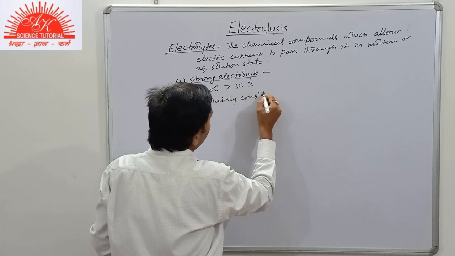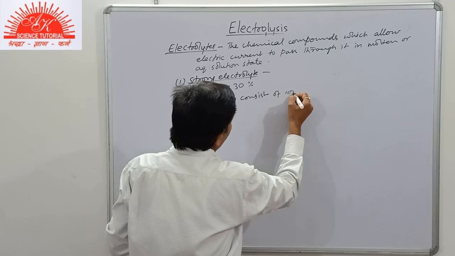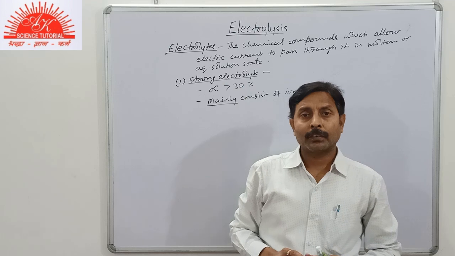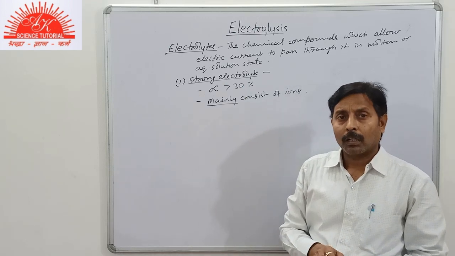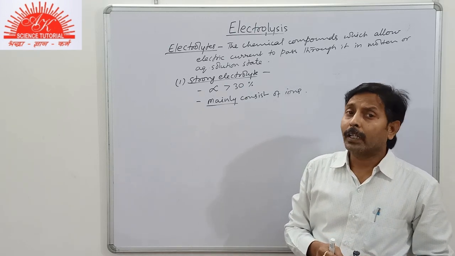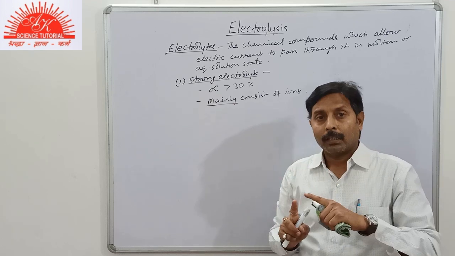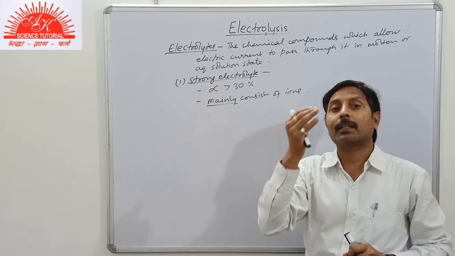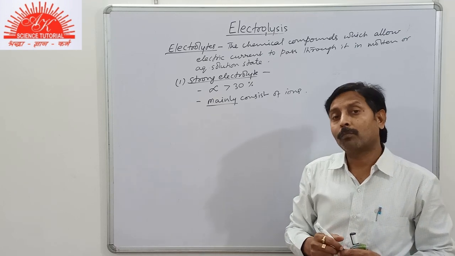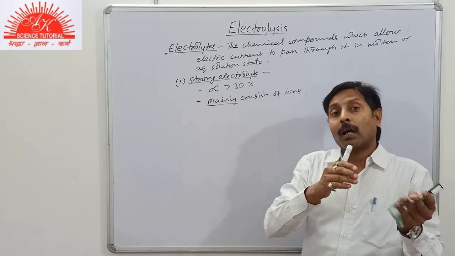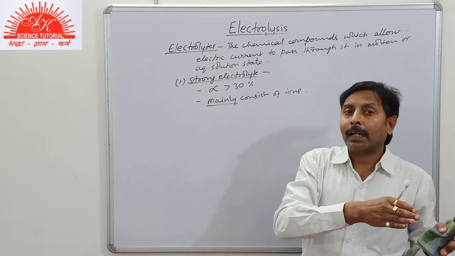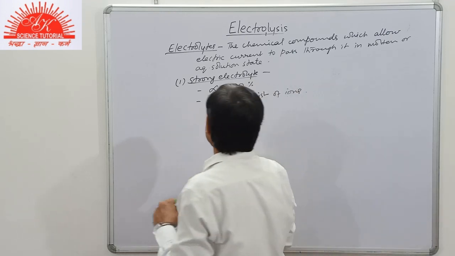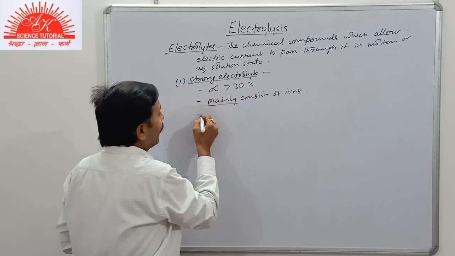We have used the term mainly, which means almost. There will be very little molecule, but we will not write only, because no substance will ionize or dissociate 100% in aqueous solution or in molten state, because ions recombine to change into molecules. So it consists mainly of ions.